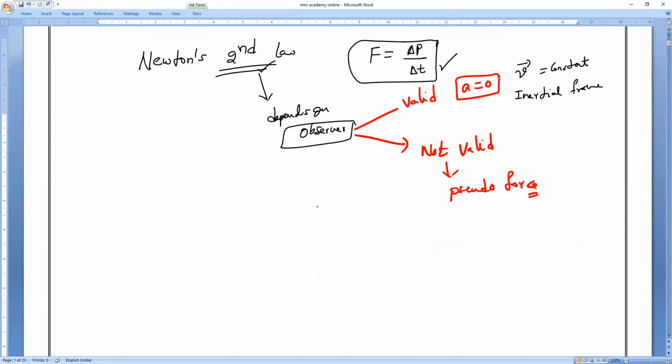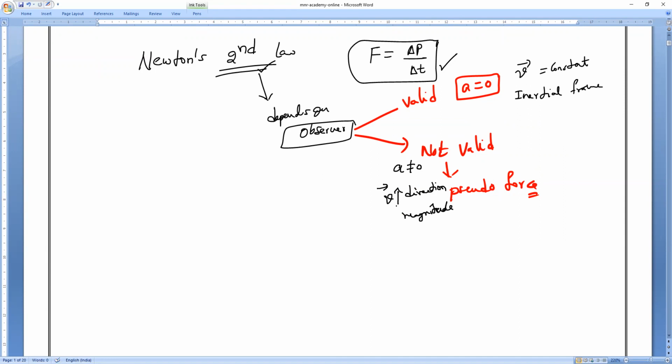But if the observer's acceleration is not equal to 0, that means v changes. Velocity can change in two ways. Anybody can tell what the two ways are? Magnitude and direction. One is by direction and another is by magnitude.